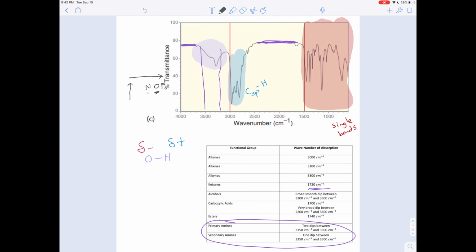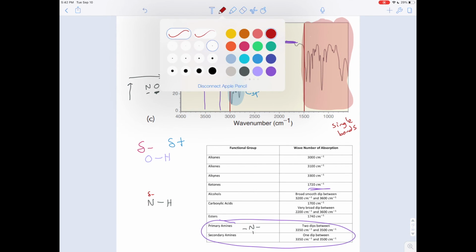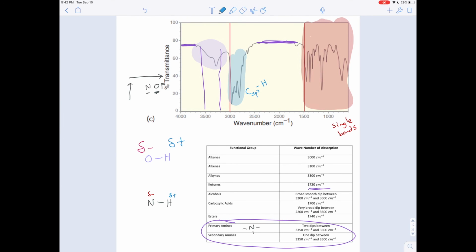Oxygen is more electronegative than nitrogen. So if you have a nitrogen to hydrogen bond, which is what you have in these amines, an amine is a functional group that has a nitrogen with all single bonds around it. If you have that nitrogen, it still is electronegative and it still will have this slight negative charge. It just won't be as big as it is on an alcohol. The negative charge on an alcohol is bigger than the negative charge on this nitrogen.